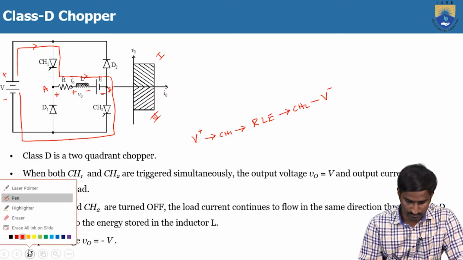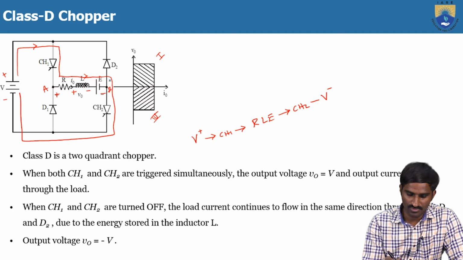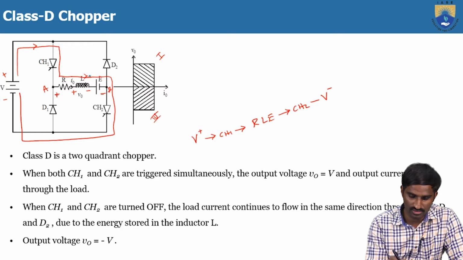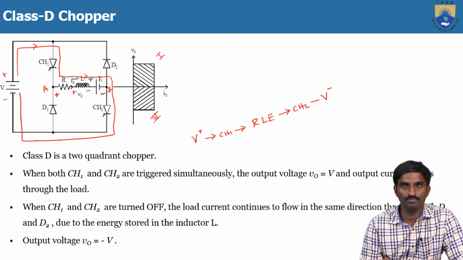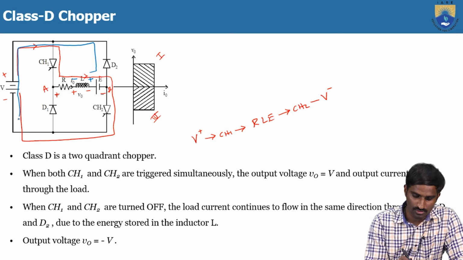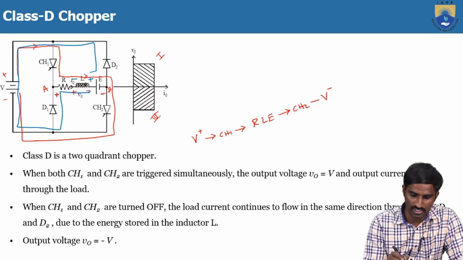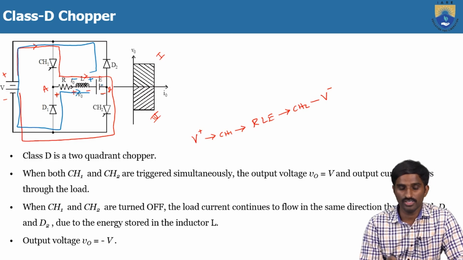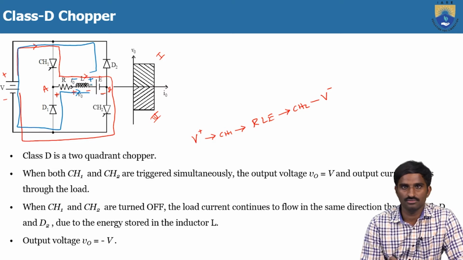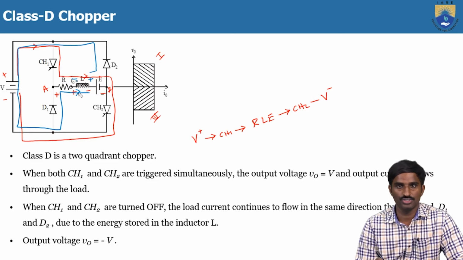Initially, while charging, the polarities are plus and minus, but while discharging the polarities change. It discharges through diode D2 to the voltage source to D1. The load current is still from A to B only, but the voltage polarities across the load are reversed compared to when CH1 and CH2 are operating.